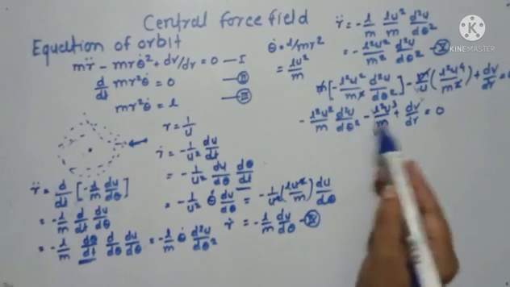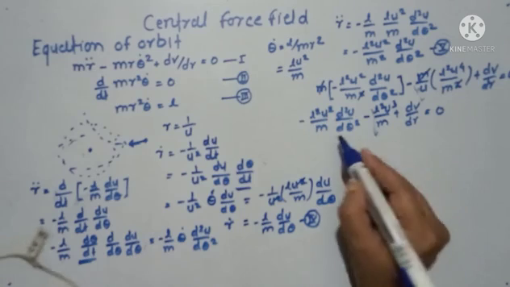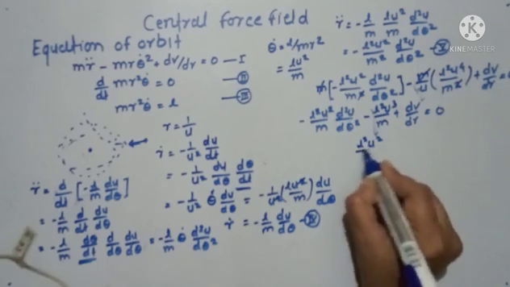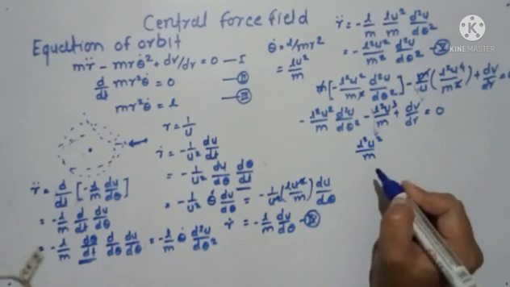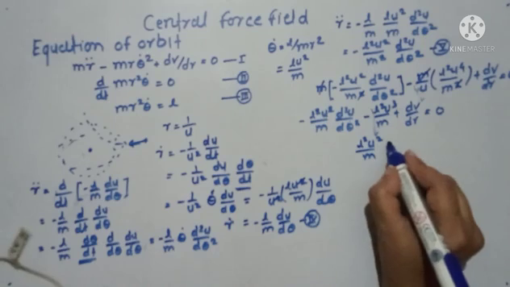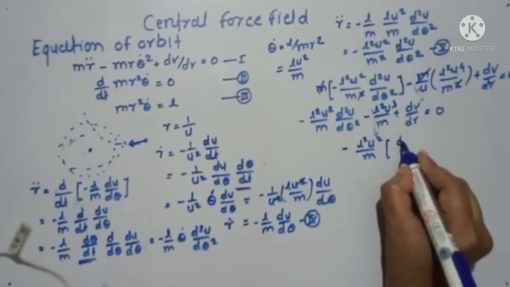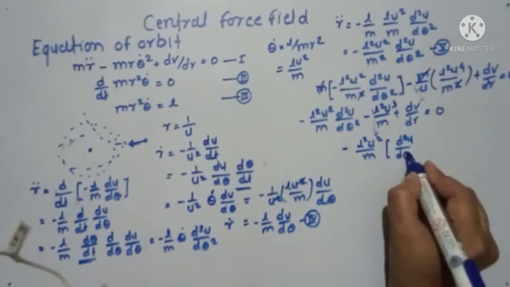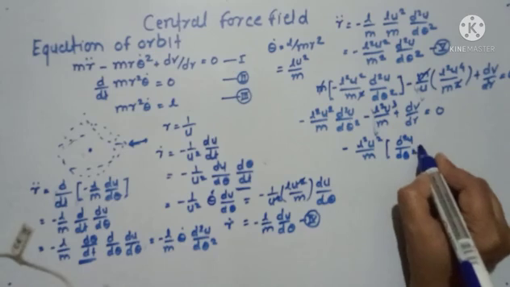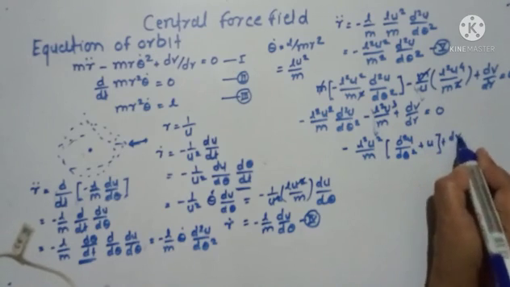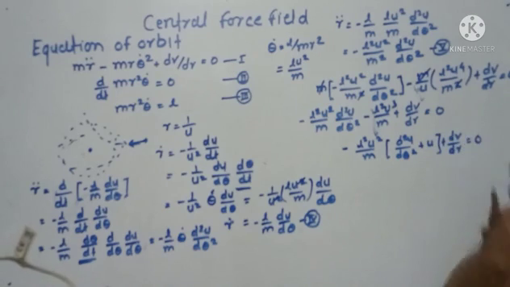I can take L square u square upon m common. If I take the minus term common, I can write d square u upon d theta square plus u plus dv by dr is equal to 0.